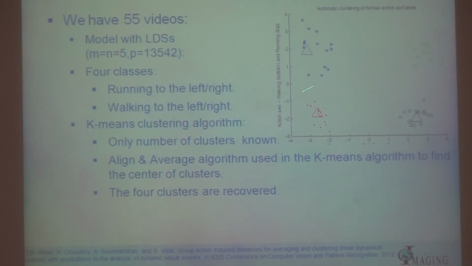But you need to be able to find the centers. Here, the algorithm uses this align and average algorithm to find the centers, and it converges to these 4 classes, which are running to the right, running to the right and left, and walking to the left. And these triangles are the averages, or the centers, of the clusters.